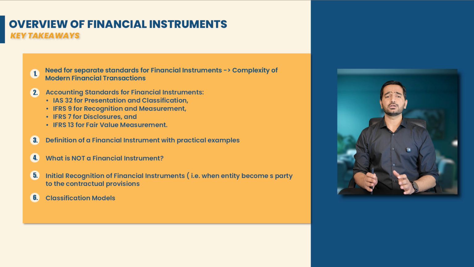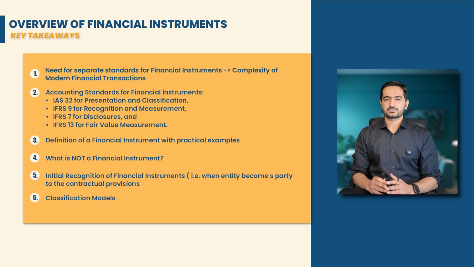We have not yet gone into the detailed definition of financial asset, financial liability and equity, or the most important topic of how to distinguish between a liability and equity in complex situations. Each of these topics has its own dedicated lecture. Today's purpose was simply to give you the full overview, the landscape, so that as we go deeper, you always know where you are and how everything fits together.